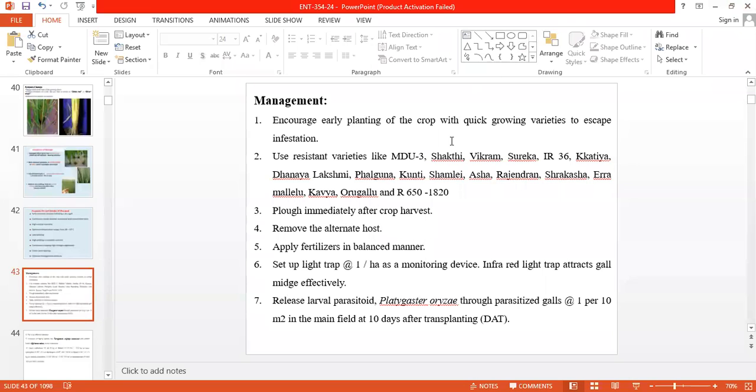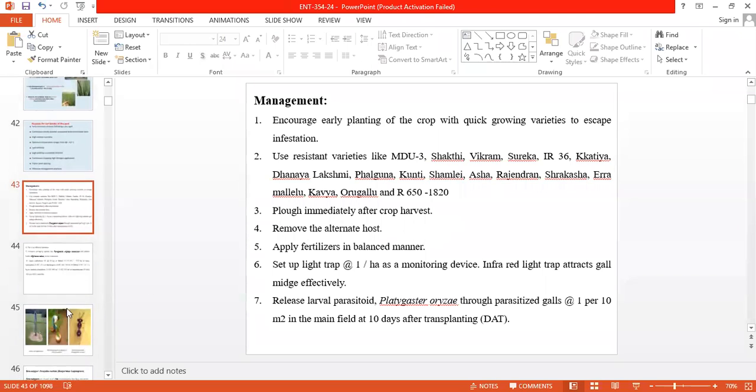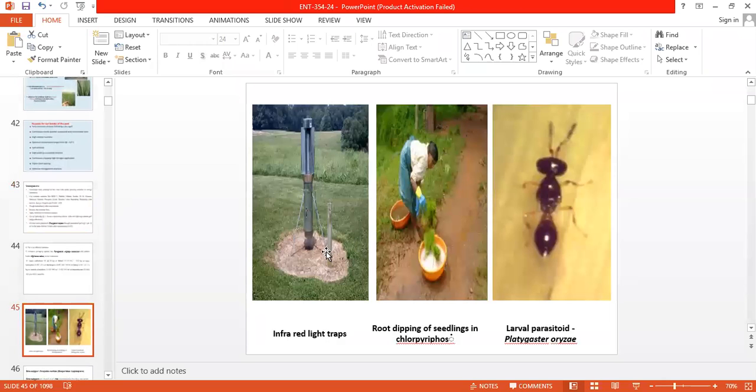Plow immediately after harvesting the crop, remove the alternate host, apply fertilizers in a balanced manner, and set up light traps, one light trap per hectare for monitoring purposes. These light traps are mainly useful for monitoring the infestation of gall midge.